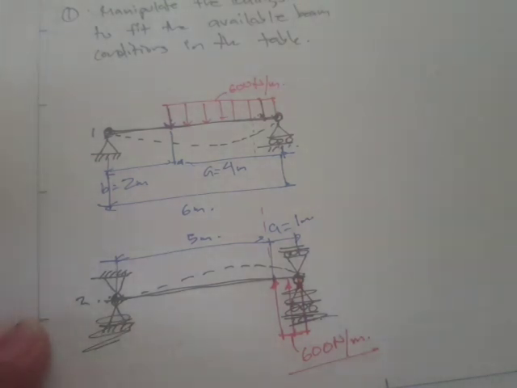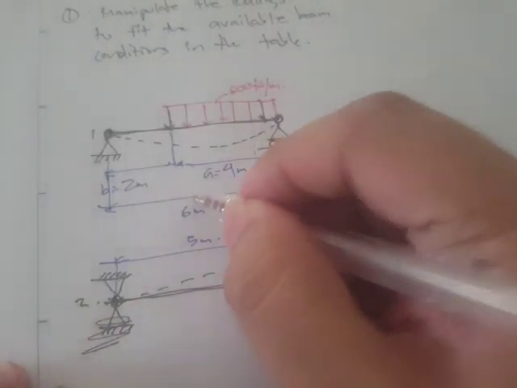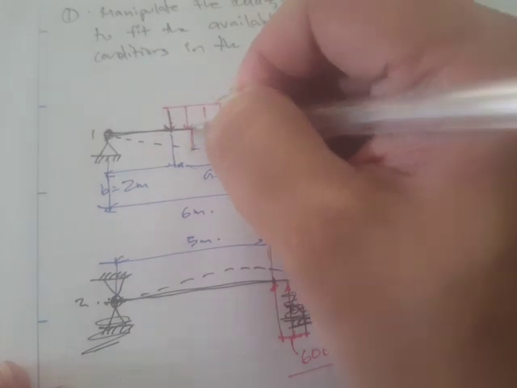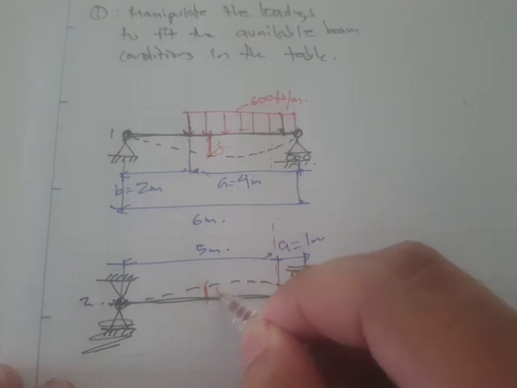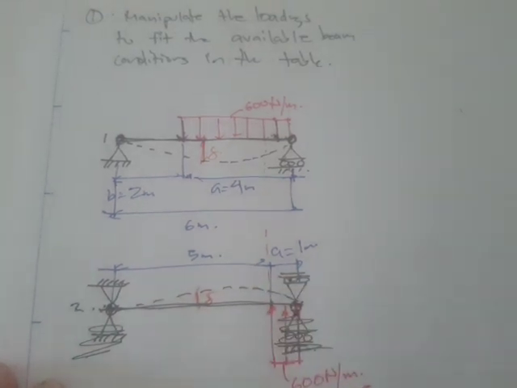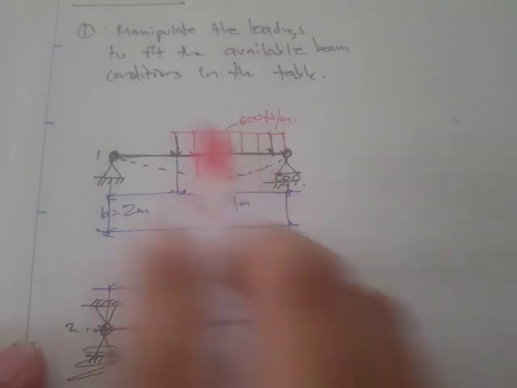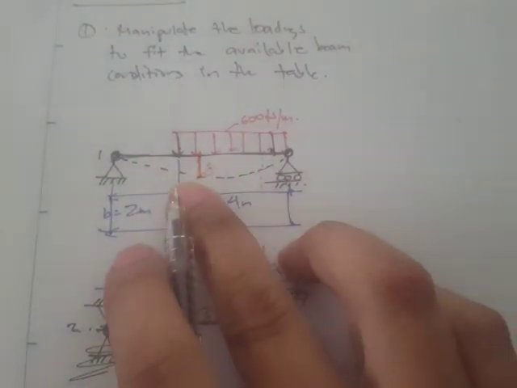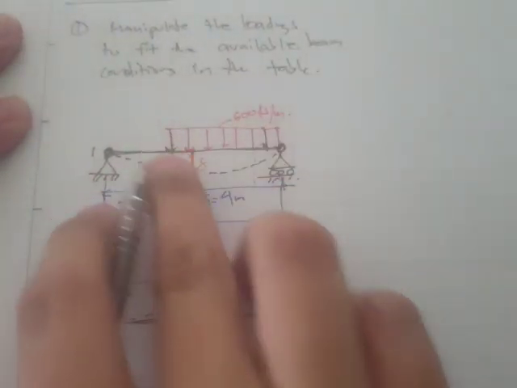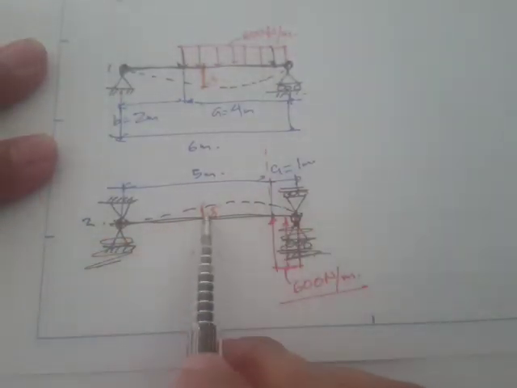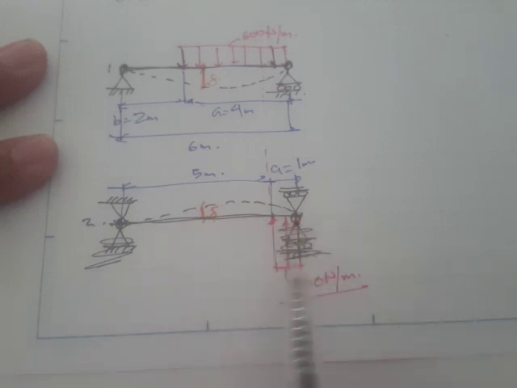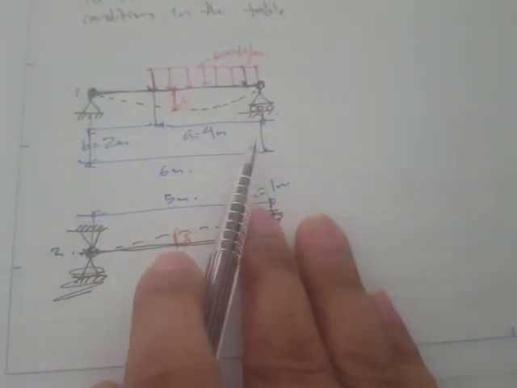And we are asked to find the deflection at the midpoint, so it's right here. It's the deflection at this point and right here. So for this one, the deflection is within the portion where there is distributed loading, and in beam number 2, the deflection is in the portion where there is no loading.